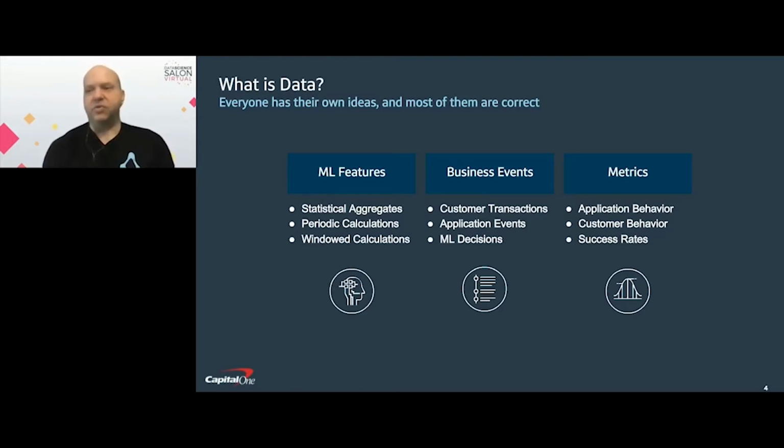There's a lot of interesting things that come out of this: monitoring application behavior, being able to make assumptions based upon how customers behave, or how often some of your machine learning decisions are successful. Being able to curate, understand, and look at this data becomes very important to any sort of data platform or any usage of machine learning data.